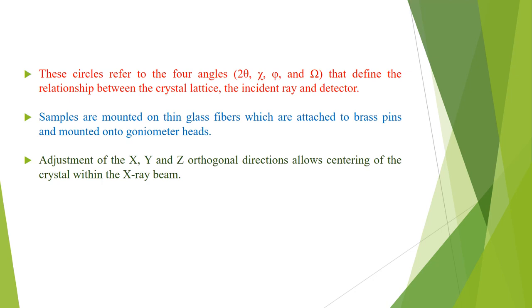The samples are mounted on thin glass fibers which are attached to brass pins and mounted onto the goniometer head. The adjustment in the X, Y and Z orthogonal directions allows centering of the crystal with the X-ray beam.